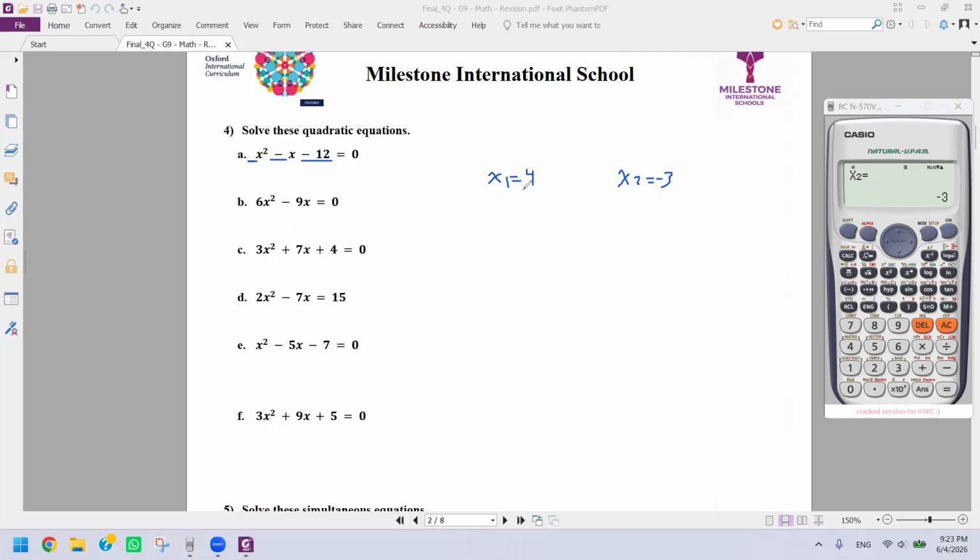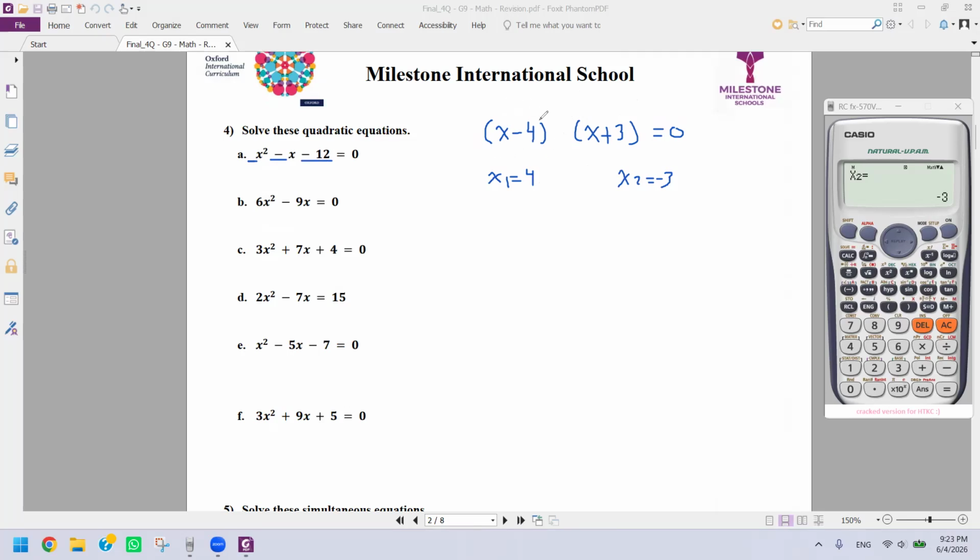I change the sign of the answer that I got from the calculator. So I will open bracket, I will write x minus 4. And for this one, x plus 3. Between them, there is nothing. It's multiplication, and equal to 0. So you have two things multiplied, and the result is 0. What does that mean?